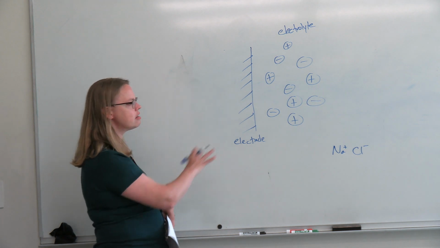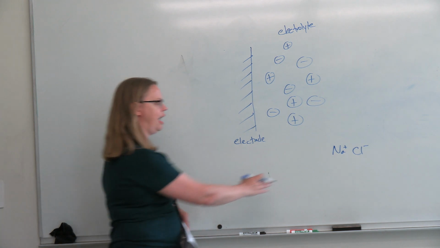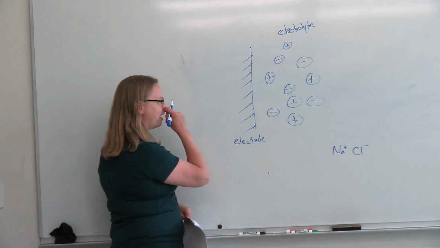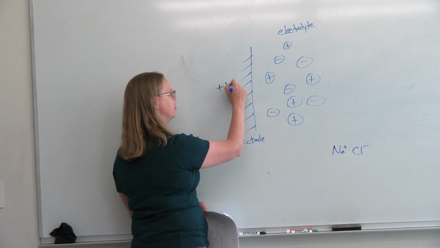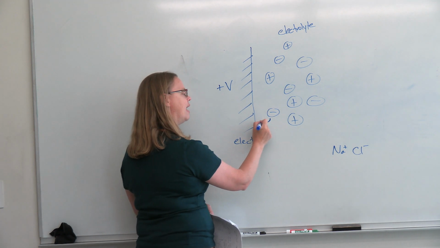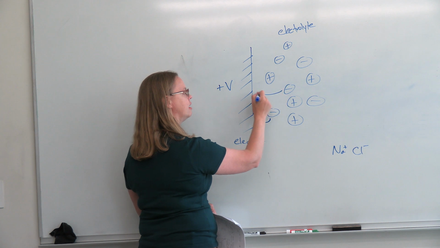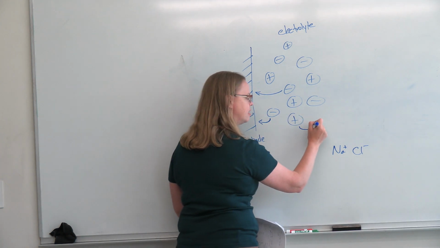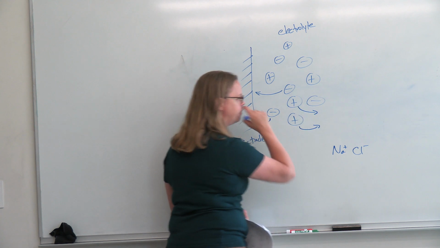So there's no analyte here. This is just, I threw sodium chloride in there. But now let's say I apply a positive voltage to my electrode. Well, what's going to happen? Because of electrostatics, the negative ions are going to be attracted to the surface, and the positive ions are going to move away from the surface.